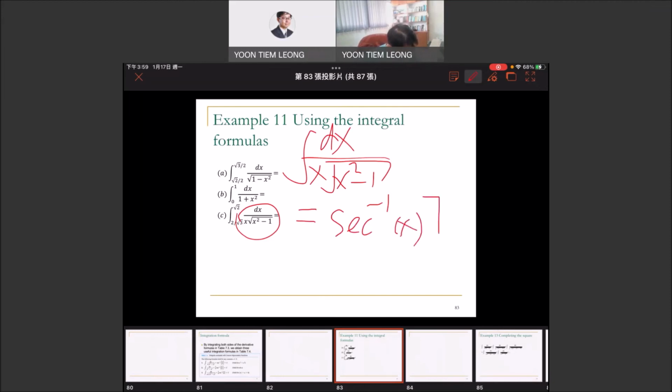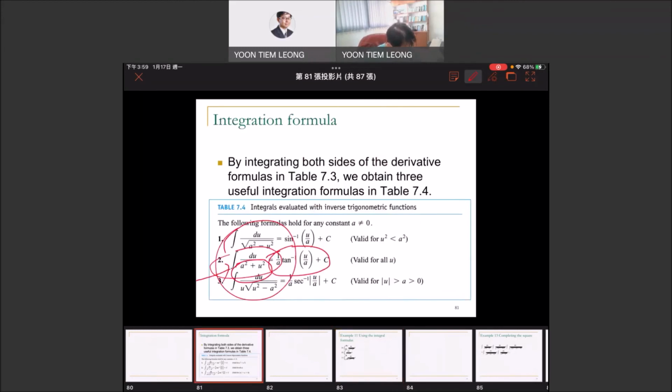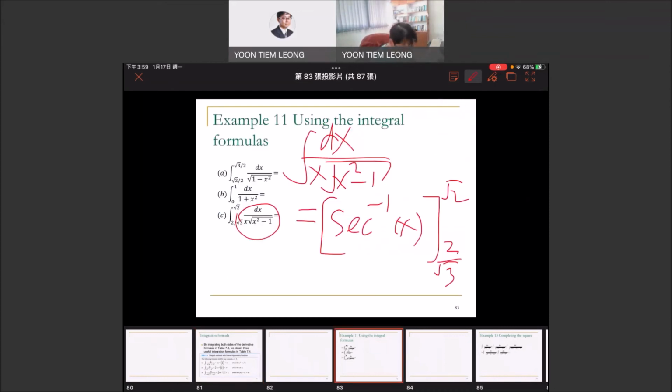And then you just have to evaluate this between 2 over square root of 3 and square root of 2. So just to double check if this is correct, the formula that you have to use is this form. Just replace u by x and a by 1, then you get this formula.